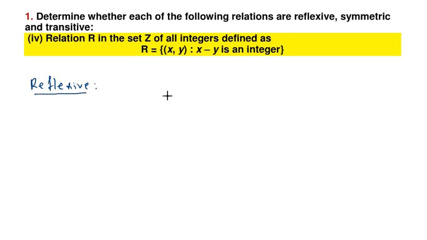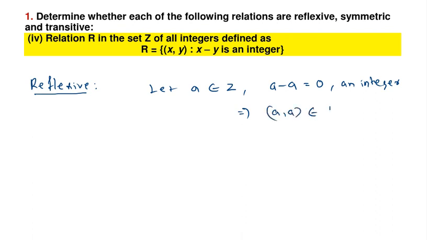For any integers, let a be an integer. This implies a minus a is 0, and 0 is an integer. The difference between a and a being an integer, we can conclude a comma a is also an element of the relation.